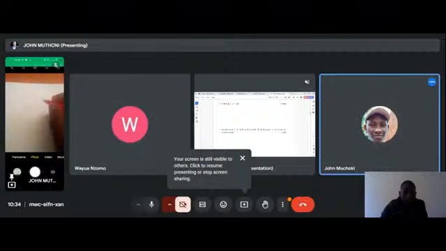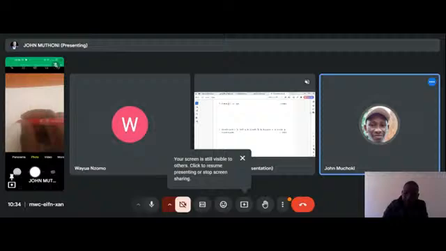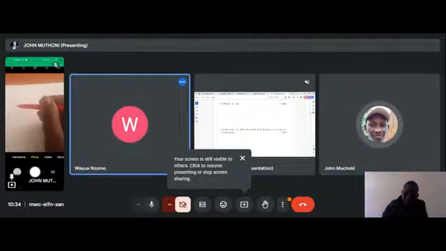Ikiwa column itakuwa ni 2, 1, negative 2, minus the value of y which is 5, 4 and negative 1, plus 2z, 2 into bracket z which is 5, 3, 2, right?